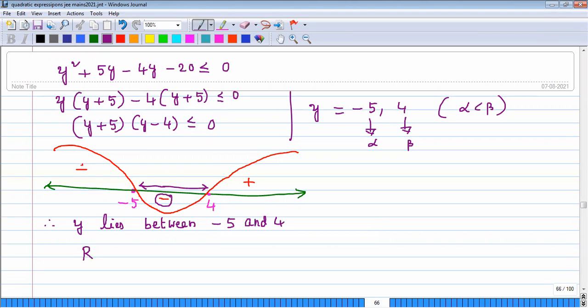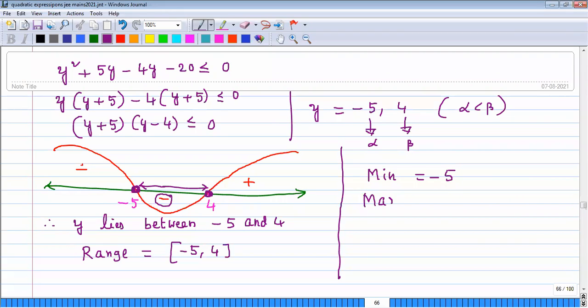So hence the range is closed [-5, 4], where -5 is included and 4 is included. In this interval, what is the minimum and maximum value? The minimum value is -5, the maximum value is 4. So this is the answer.